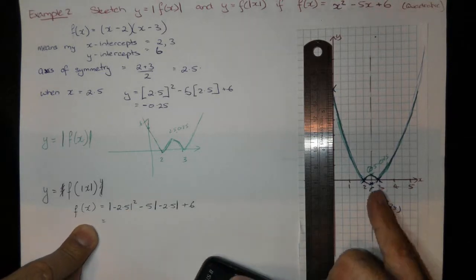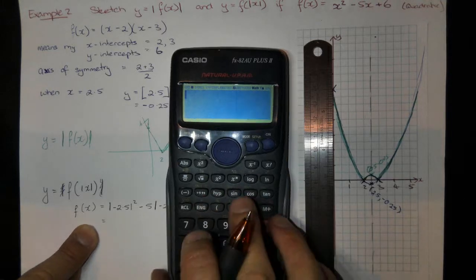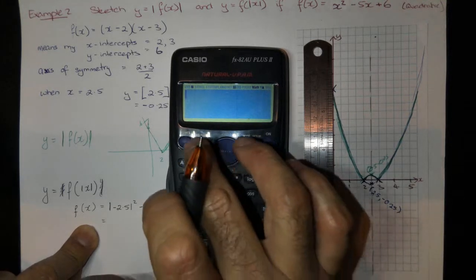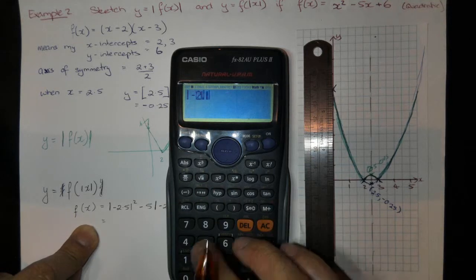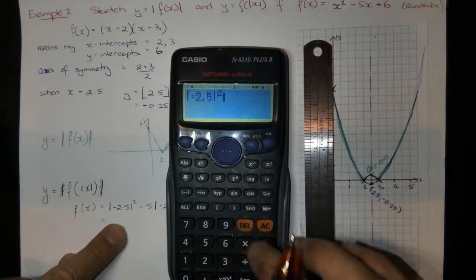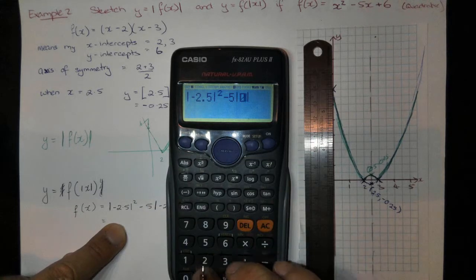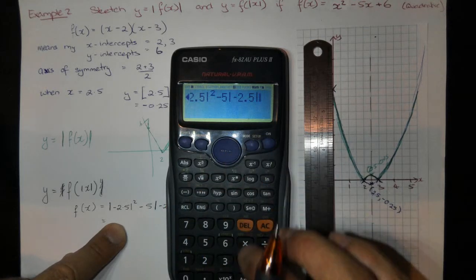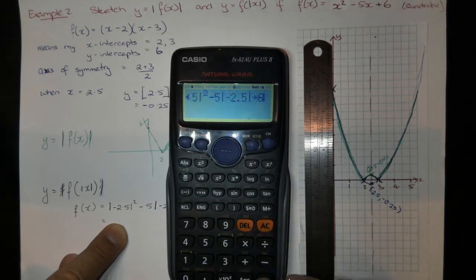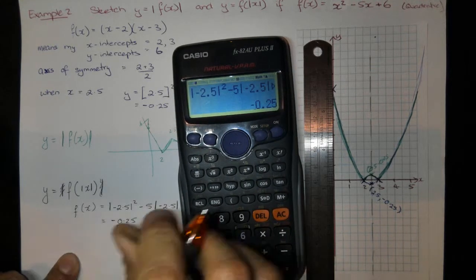Because I'm just going to have the negative version of that, because what I want to do is actually mirror it. So let's do that. The absolute of negative 2.5 squared minus 5 lots of the absolute of 2.5, and plus 6 gives you negative 0.25.